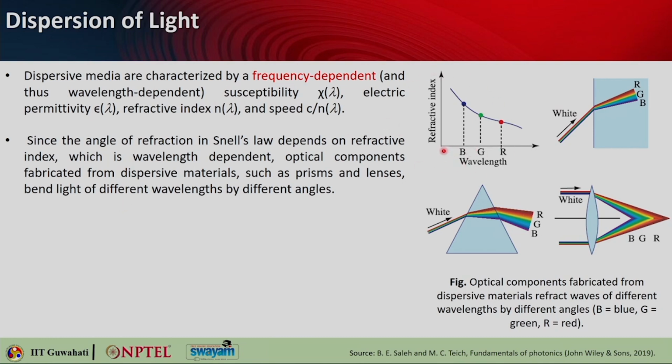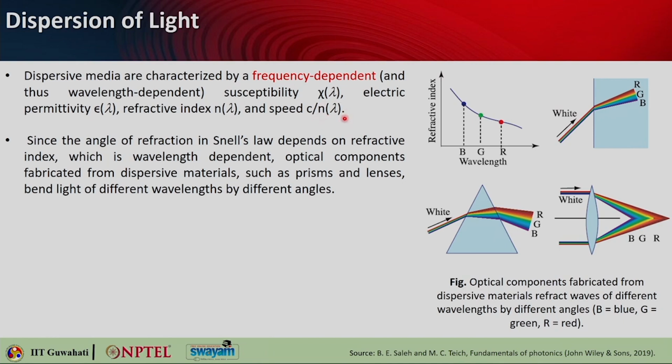You can see this particular glass material has a different refractive index for blue, green and red. It means n lambda is different. So, if n lambda is different, then the speed of light in glass for different wavelength will also be different. The speed is given by v, which is the phase velocity, c by n.